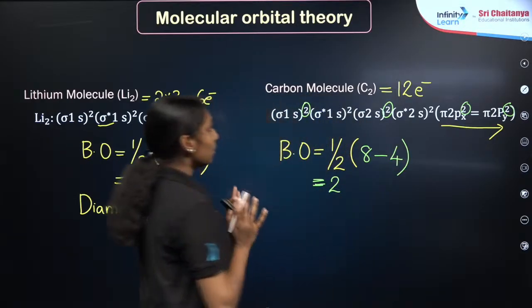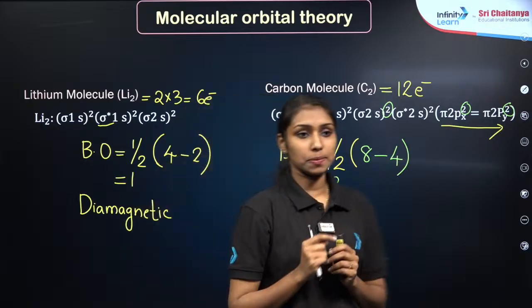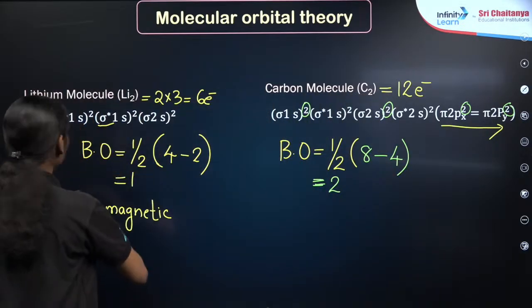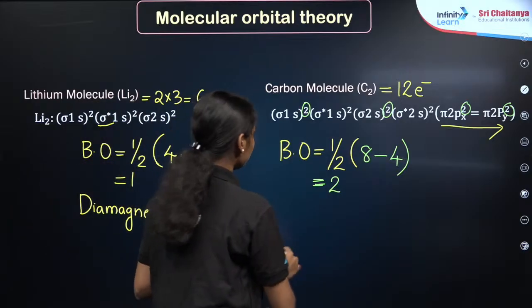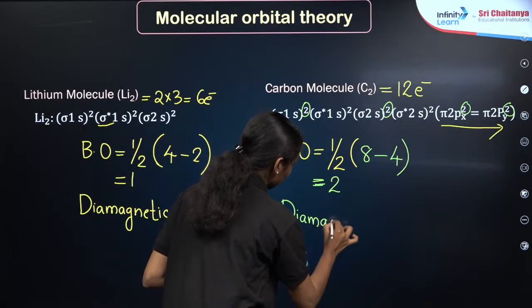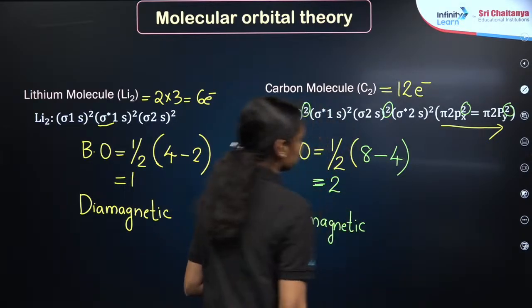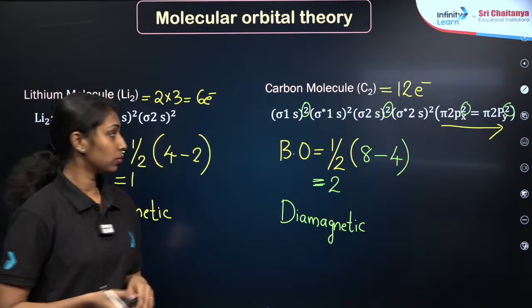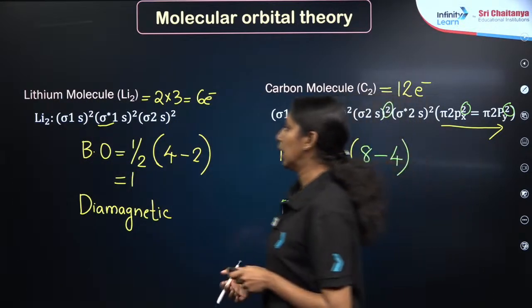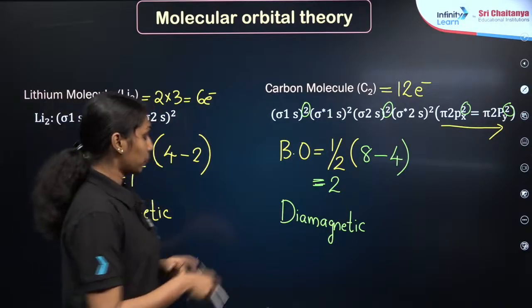Yes, bond order is equal to 2, which means 2 bonds are formed between the carbon atoms. Clear? Then what about the magnetic behavior? Again, it is diamagnetic because there are no unpaired electrons. Clear? Yes, right.